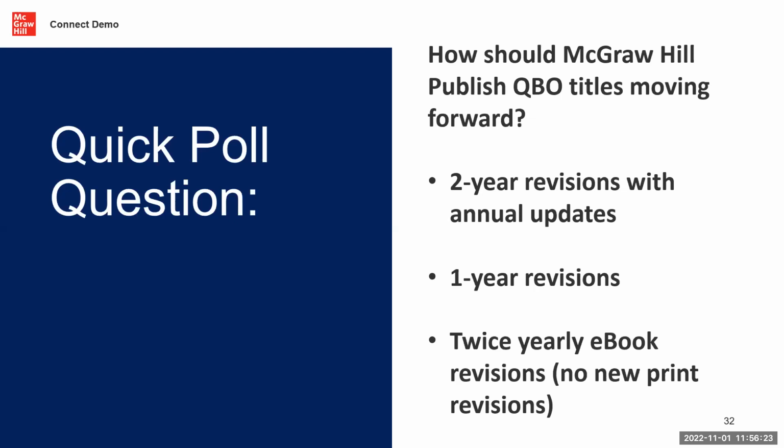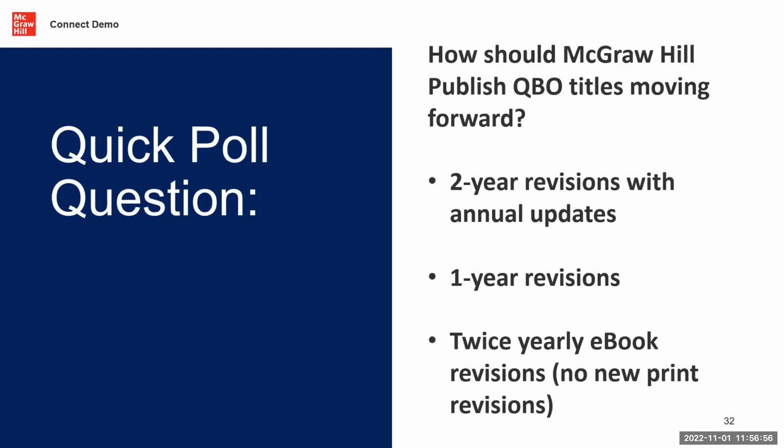So one approach would be a 2-year revision strategy with annual ebook updates. Each year we'd update the ebook, and every other year we'd update print, assuming that print is still in demand. Another is a 1-year revision strategy where we update the textbook and ebook every year, so the text and ebook stay as current as possible, but it's really for fall.